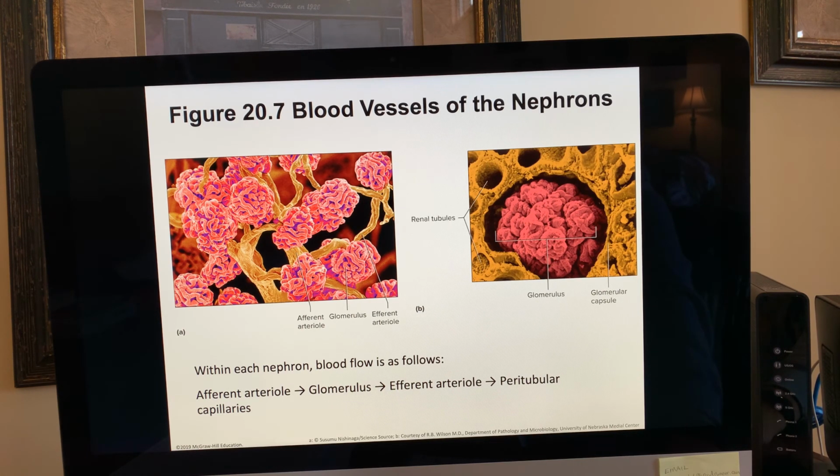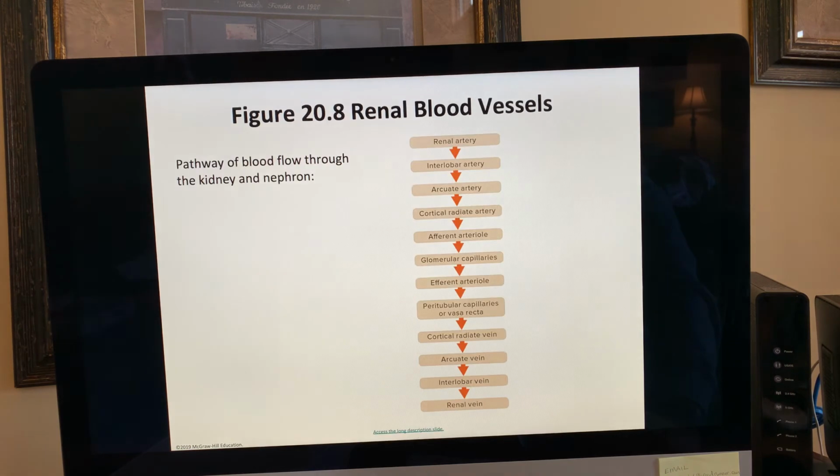Blood enters the glomeruli through the afferent arteriole, and it leaves the glomerular capillaries through an efferent arteriole, where it enters another capillary bed called the peritubular capillaries. This is a diagram showing the blood flow through the kidney from the renal arteries to the renal veins, as I've just talked about.